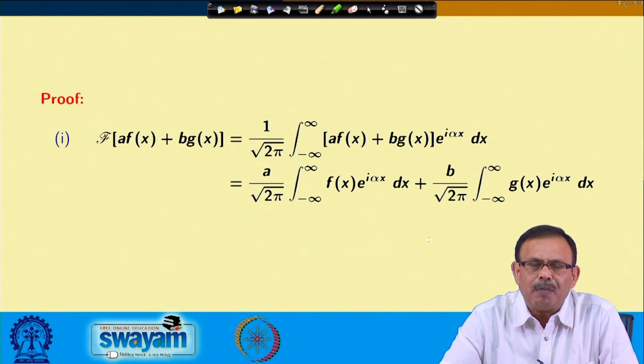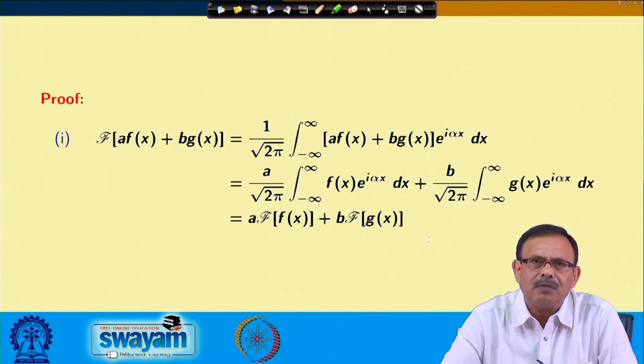One is the integral from minus infinity to infinity of f(x) e^(iαx) dx, plus b by root 2π, the integral from minus infinity to infinity of g(x) e^(iαx). The first integral is nothing but a into the Fourier transform of f(x). Similarly, the second integral is nothing but b into the Fourier transform of g(x). So, this completes the proof of the linearity property of Fourier transform.